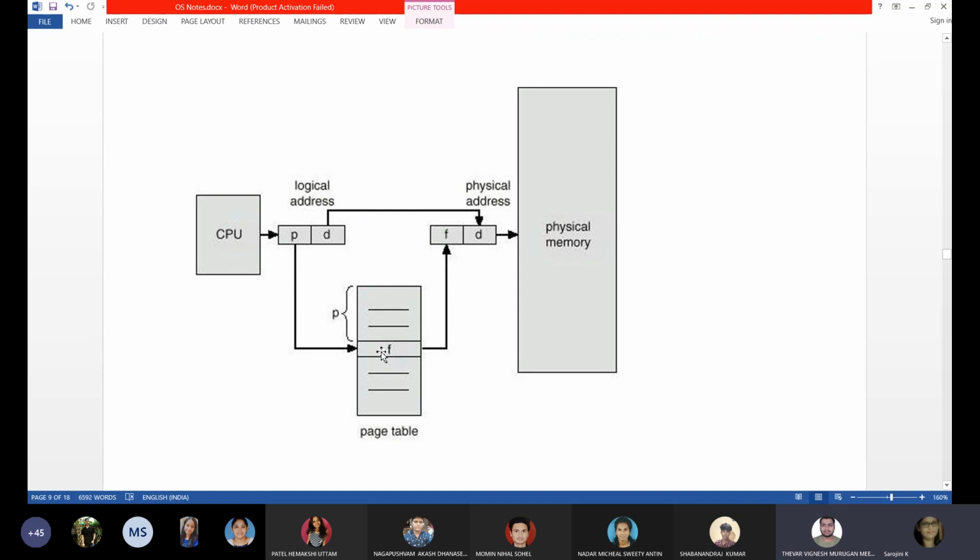Inside page 3, there will be a frame number, the page frame number. Please understand, frames are in the main memory and pages are in the secondary memory. So the page table has page numbers, and inside each page number its respective frame number is stored.